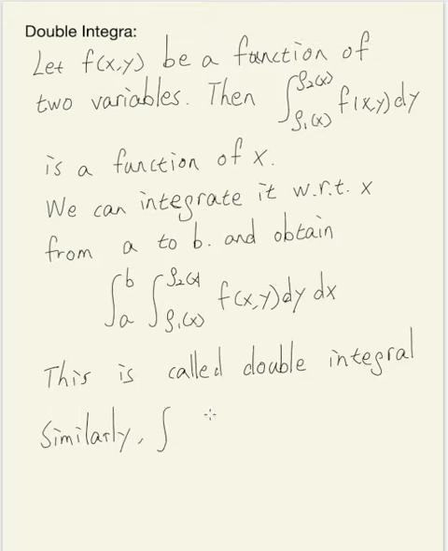If you integrate, say, with respect to x first, the boundaries are some other functions that depend on y, and let's pick some other numbers for the boundaries of y. This is also a double integral.